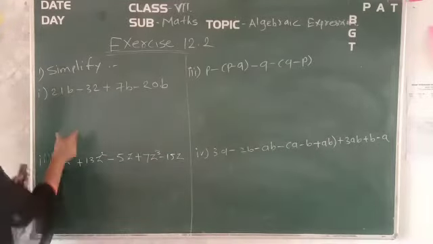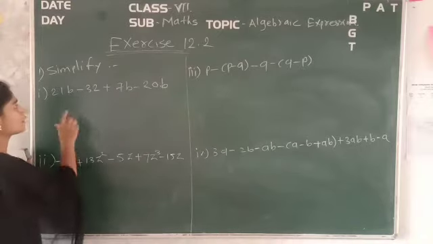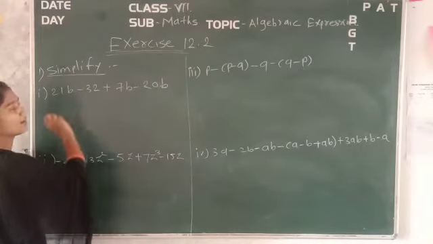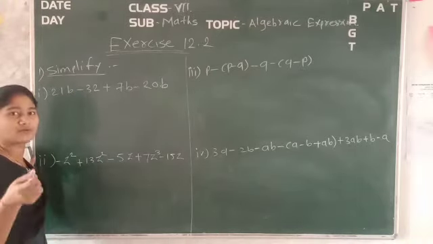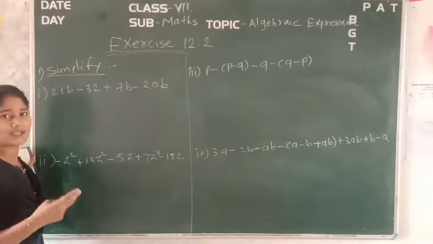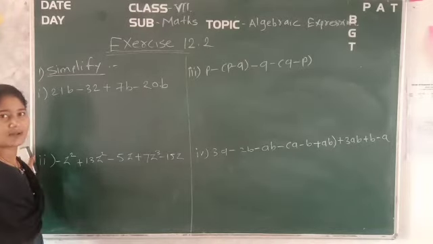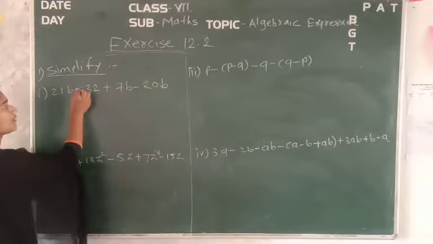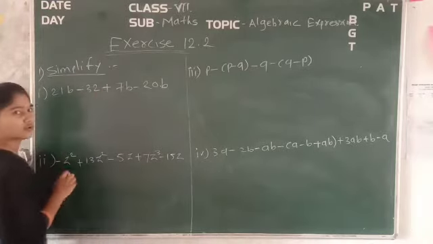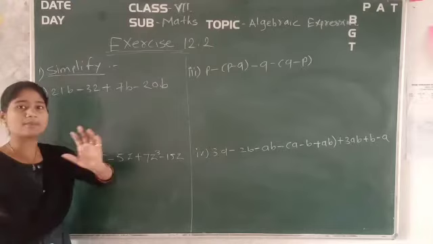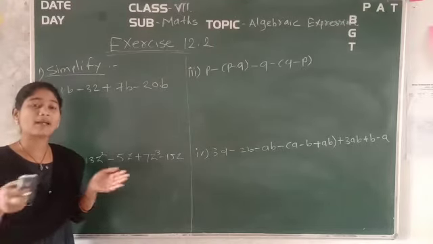Now first of all you have the first problem. Within that, what is given? Simplify. Simplify means, as I already told you, you have to combine both arithmetic operators, one is plus, another is minus. Here the problem is regarding simplifying the like terms, by combining the like terms.